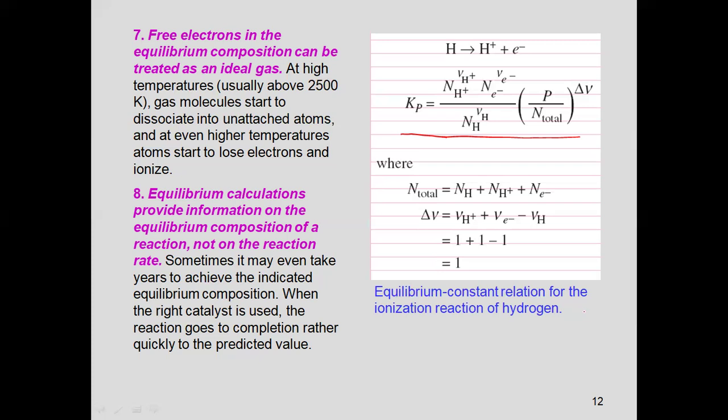Okay. Sometimes it may take years to achieve the indicated equilibrium composition. So it may appear that the reaction will be complete, but it may take a long time. That idea you will not get from the equilibrium calculations. But you can alter the rate of reaction by introducing a suitable catalyst.